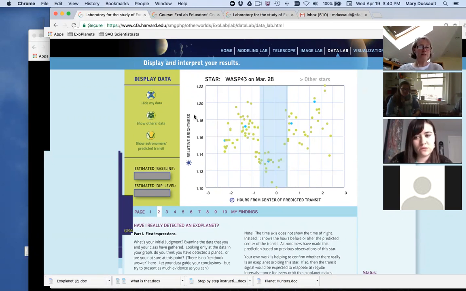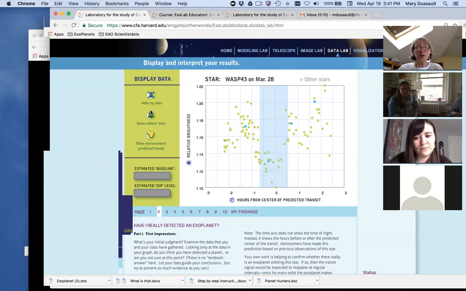The other thing the data lab allows students to do as they're first looking at their final class data is to show where astronomers predicted the transit. I'm clicking this on and off here. You can see our data agrees pretty closely with the astronomers' prediction of when the transit should take place, although it appears to me, at least from our messy data, our transit begins a little earlier than predicted.